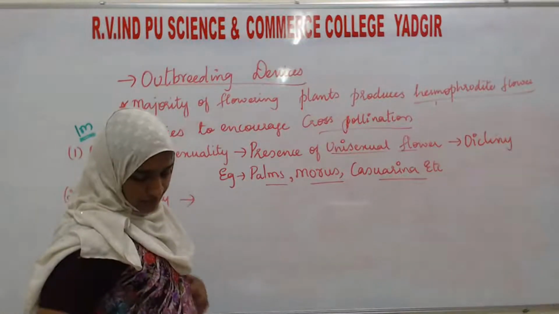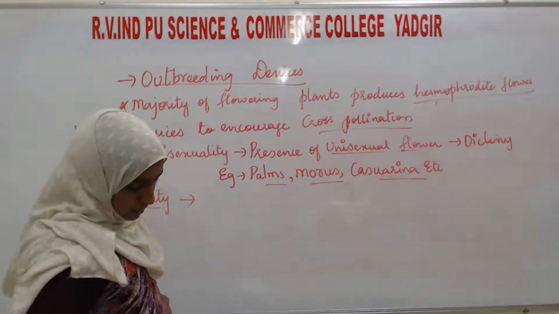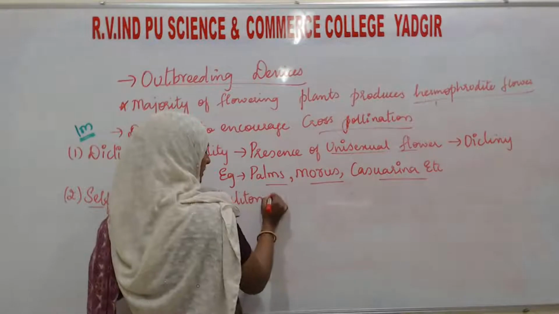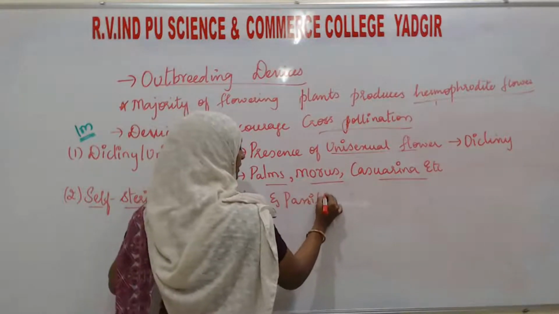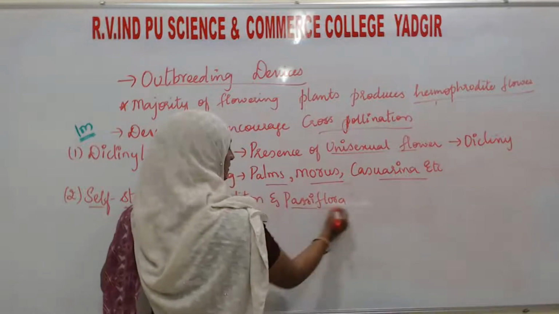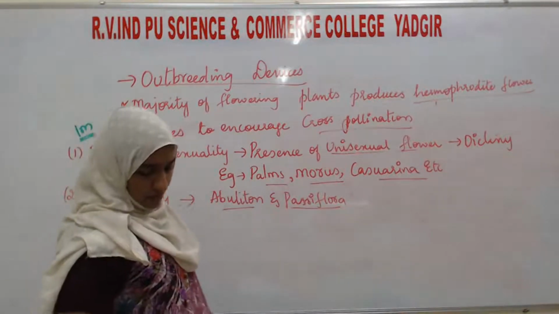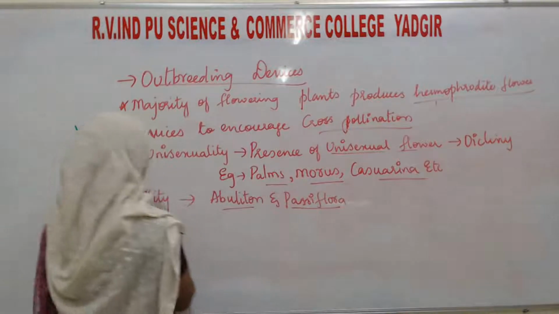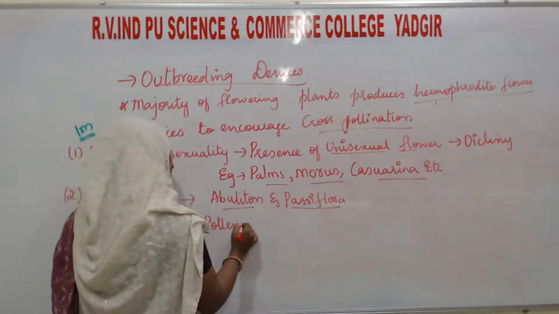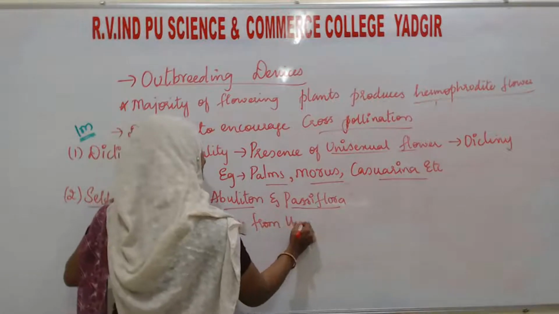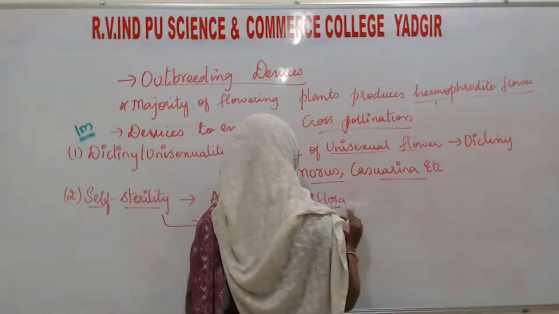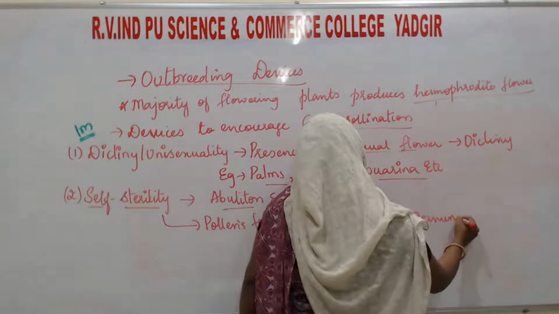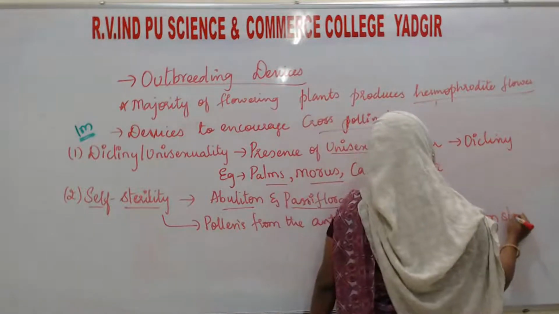Here the plants like abutilon and passiflora, the pollen from the anther fails to germinate on the stigma.